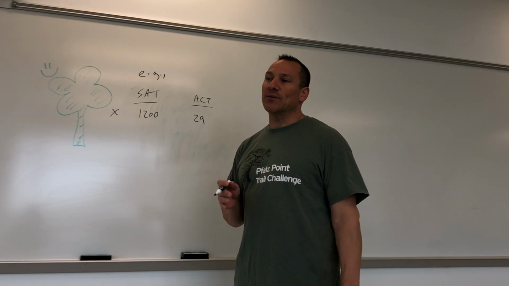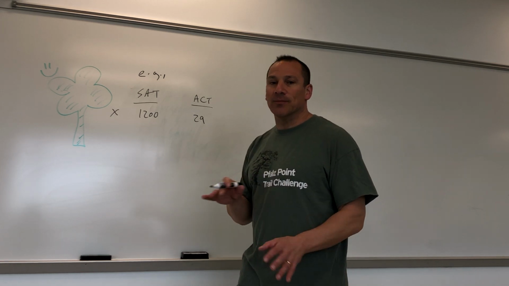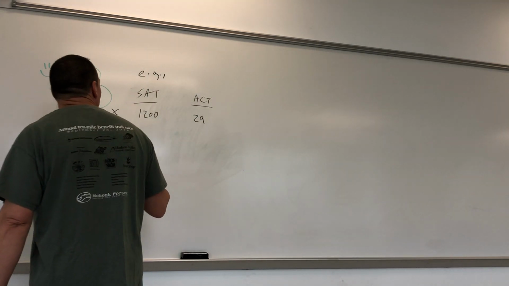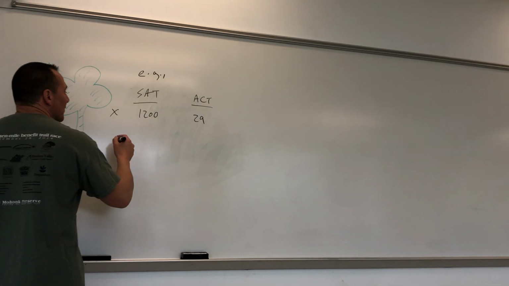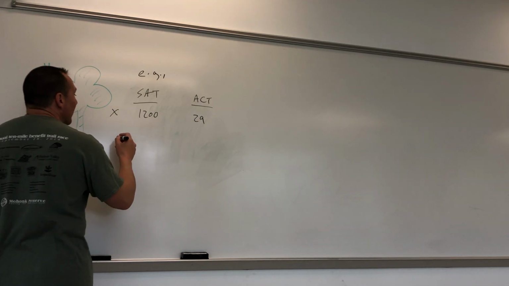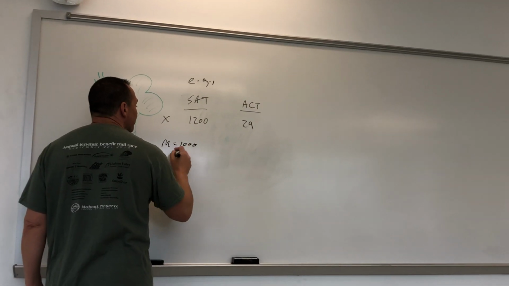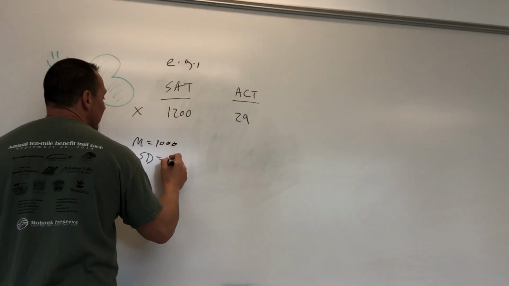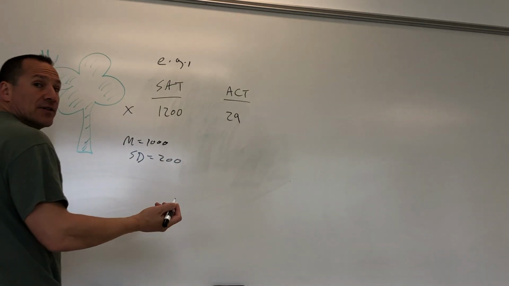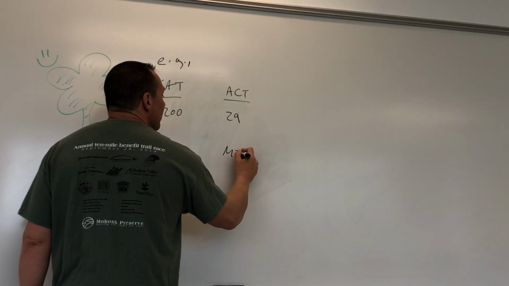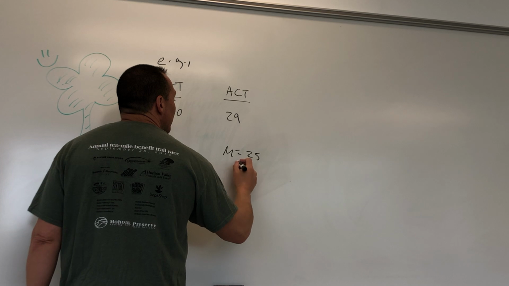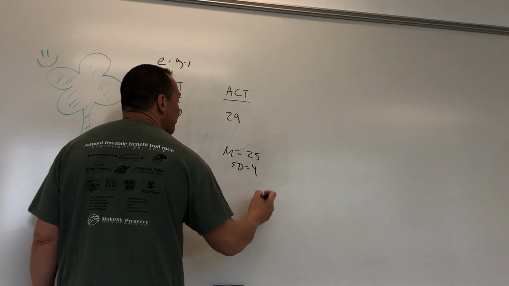So suppose, I'm going to put up means and standard deviations. These might not be actual norms, but they'll be close enough to be useful for us to think about. Imagine for the SAT, the mean is 1,000 and the standard deviation is 200. And imagine for the ACT, the mean is 25 and the standard deviation is 4.